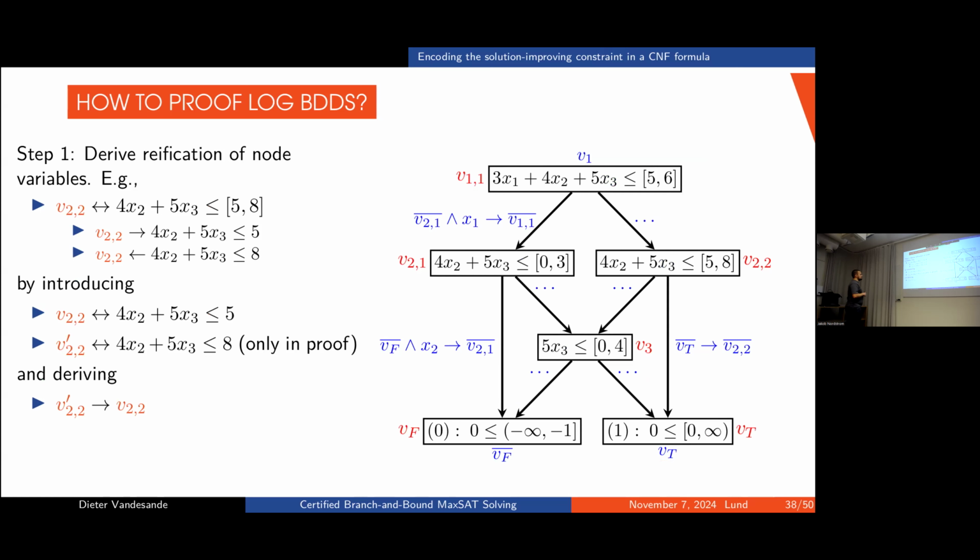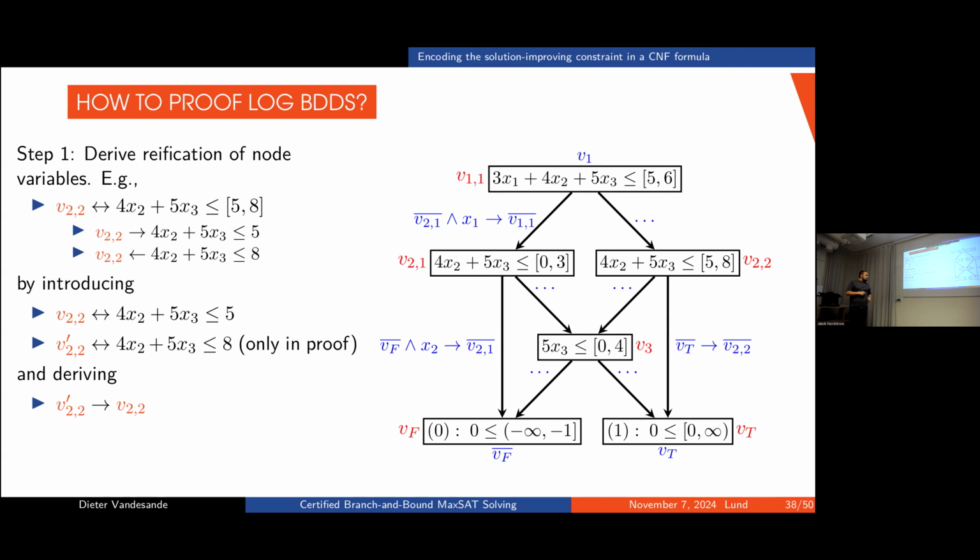What we'll do is we'll introduce a V variable, which means the constraint with the lower bound in the interval. And we'll introduce a new variable, V prime, which is only known in the proof. It's never known in the solver, which is true if and only if the constraint is true with the upper bound.